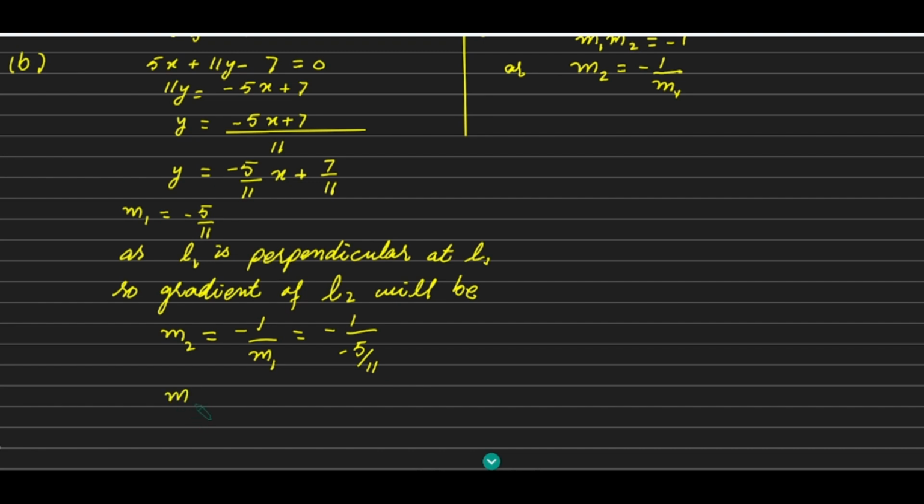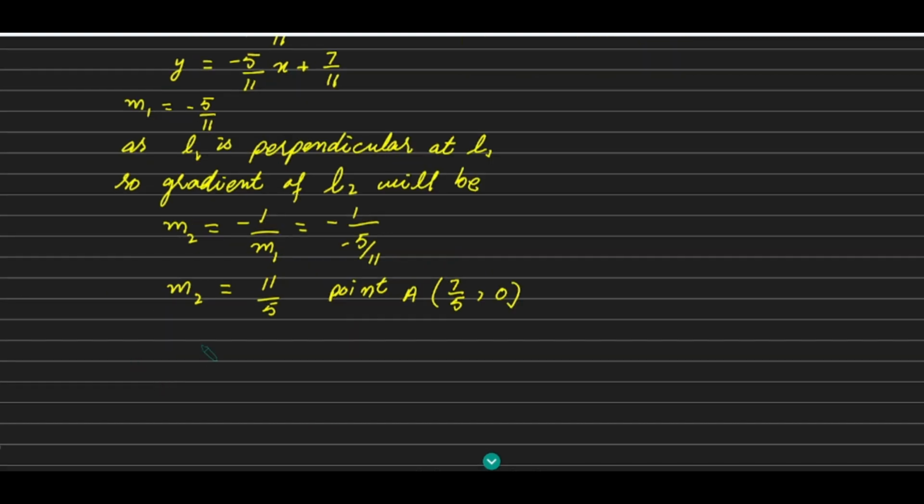Then the gradient of the second line will be, when we reciprocate, 11 by 5, and minus minus will be plus. Now we have the gradient of the second line and the point A. Now we find the equation of the second line.